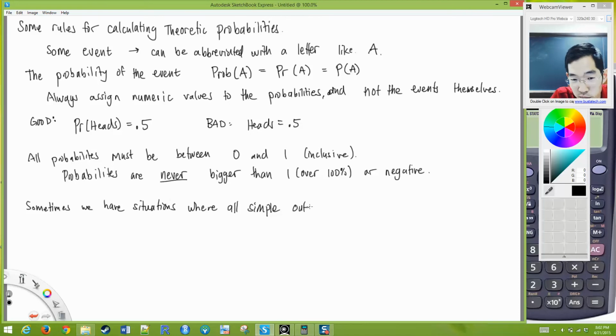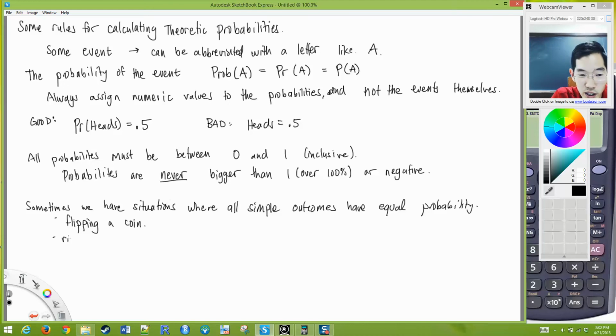So for example, flipping a coin, heads and tails have equal probability.